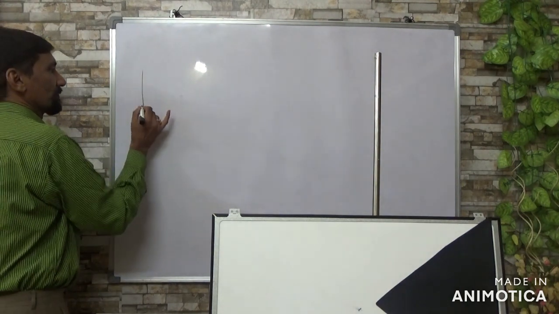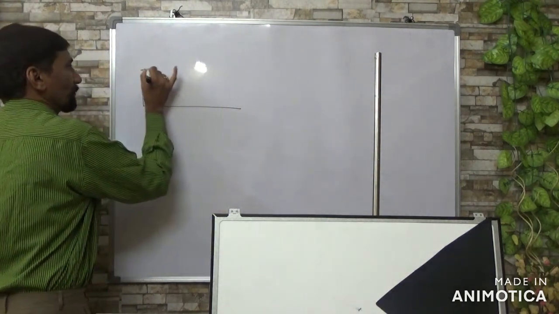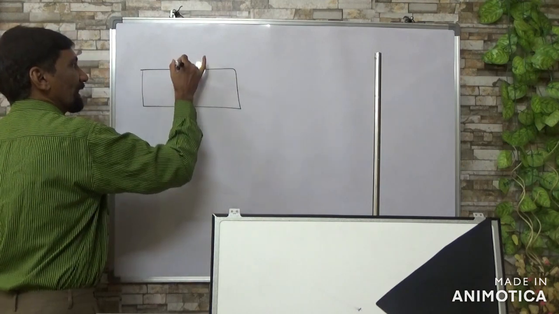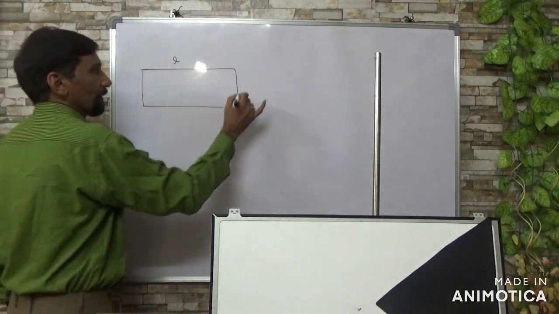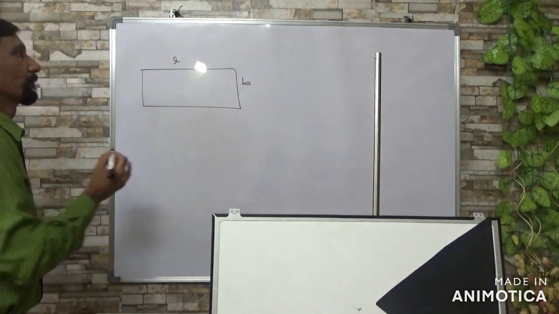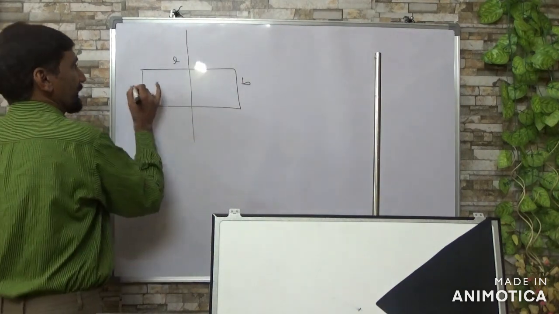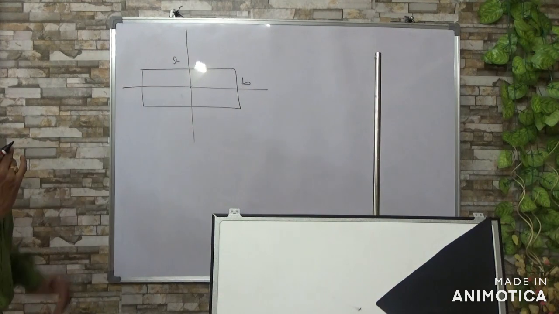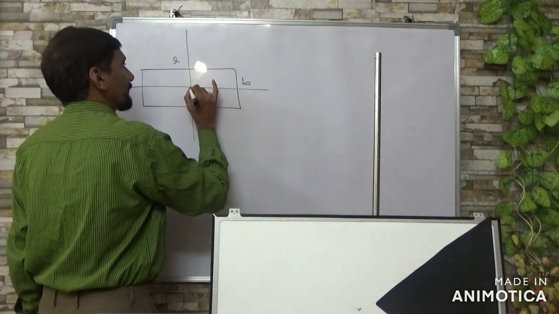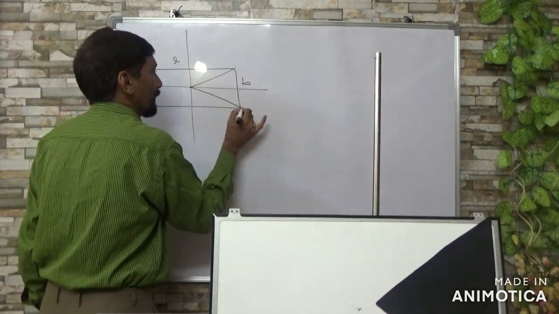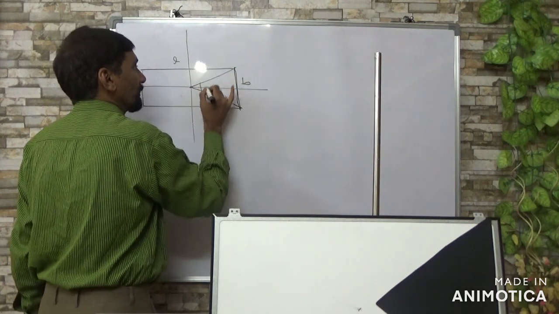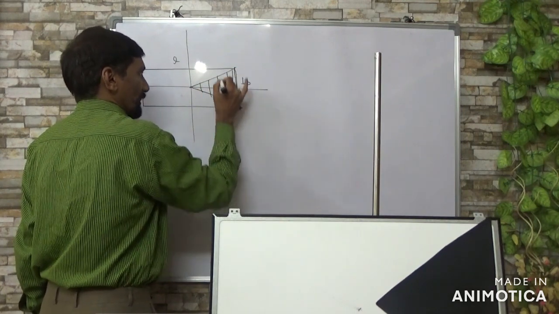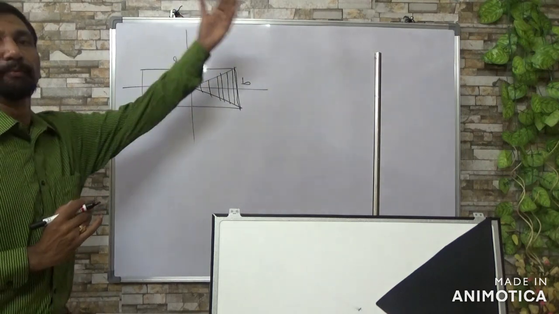So this is the rectangular plate of length L, breadth B, such that the center of the plate coincides with the origin. A triangular portion is cut from it.